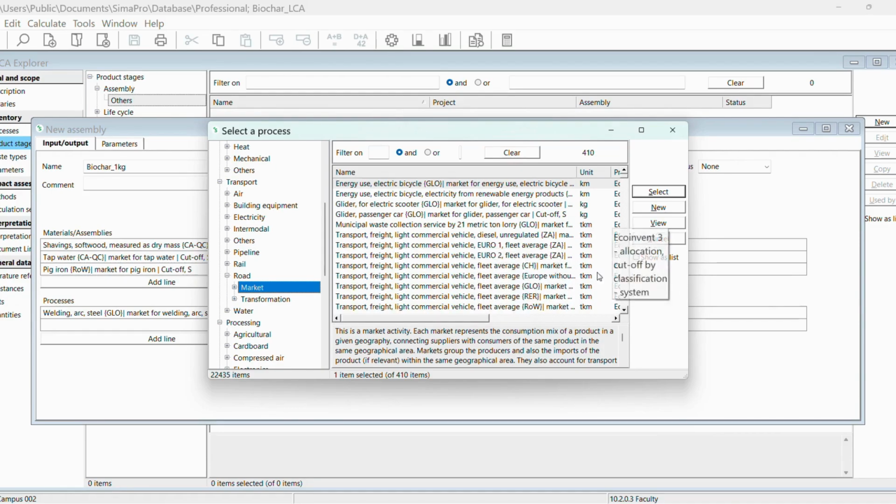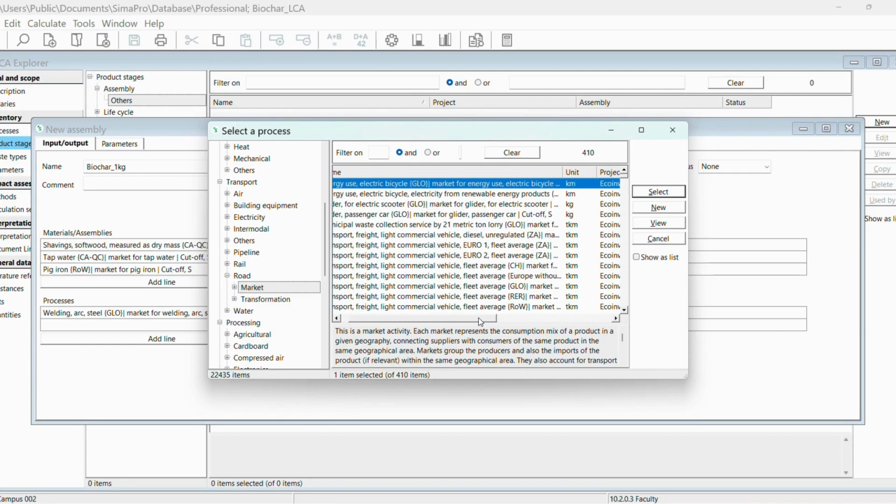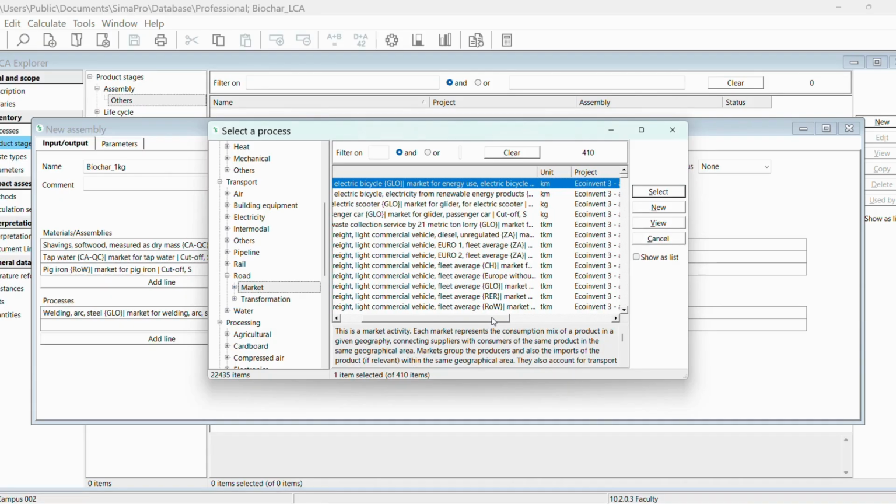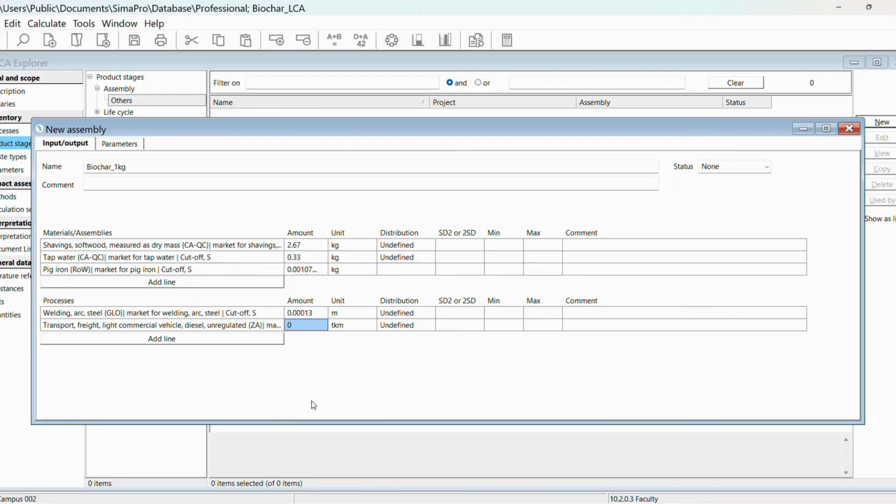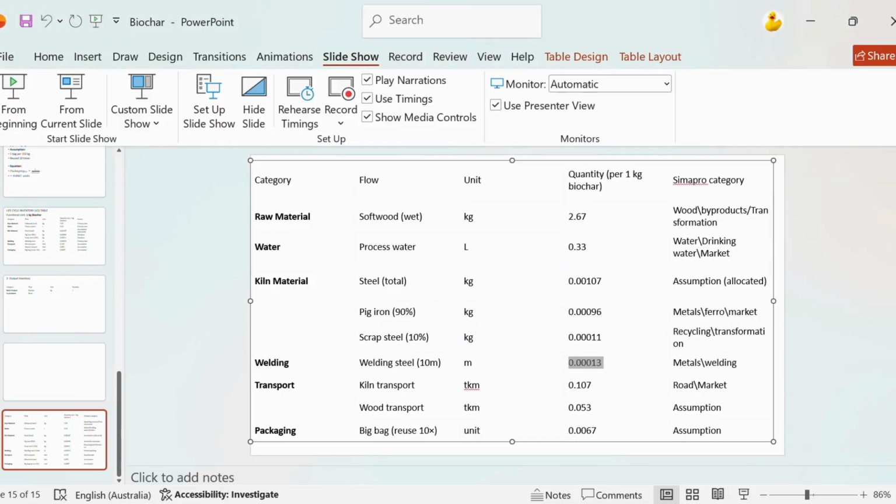We can consider any suitable category here. Let's say that things are transported by transport, freight, light commercial vehicle, diesel. So 0.107 is applicable for the transportation of kiln up to the site.